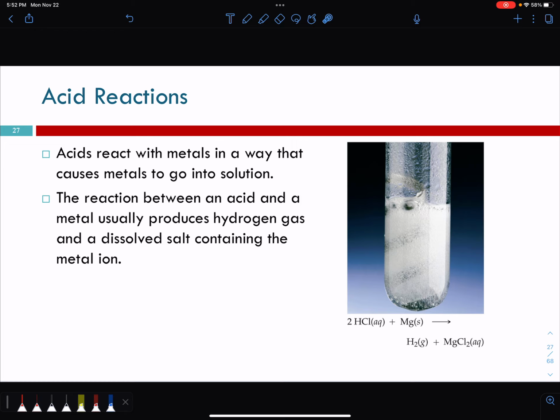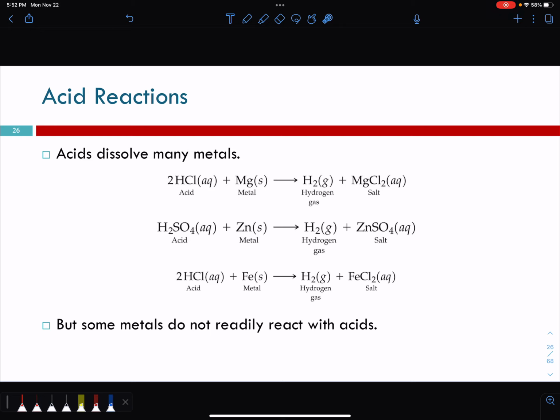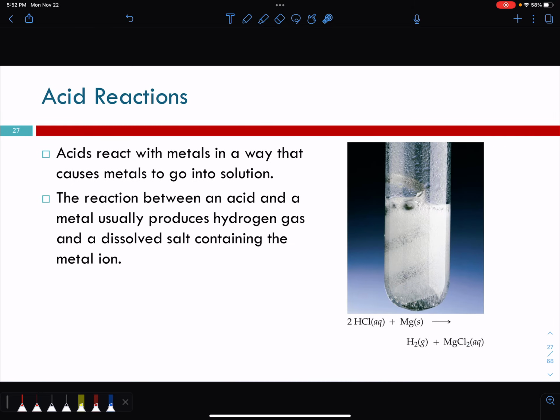So acids react with metals in a way that causes them to go into solution. That's why when we had our magnesium dissolving to produce hydrogen gas, you dissolved it until the magnesium was all gone. And that magnesium went into the solution as magnesium chloride. And they usually produce hydrogen gas.